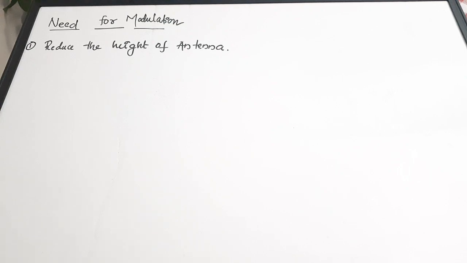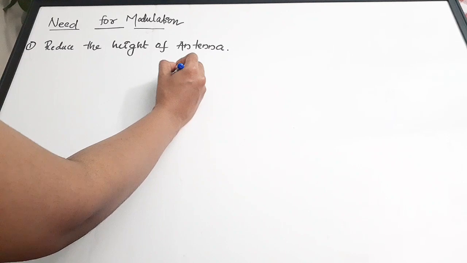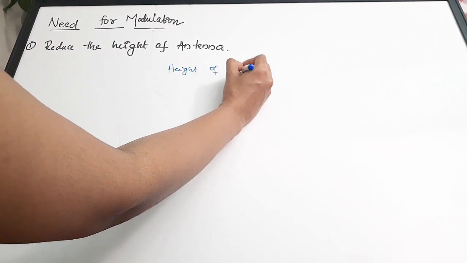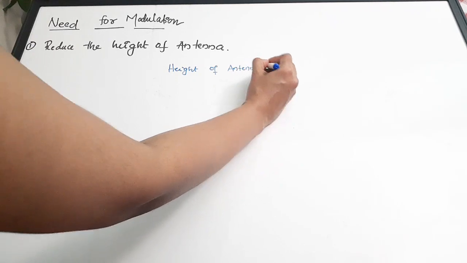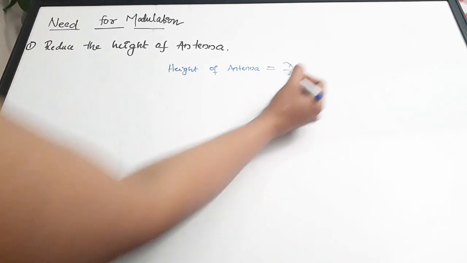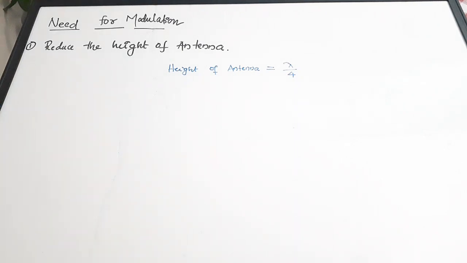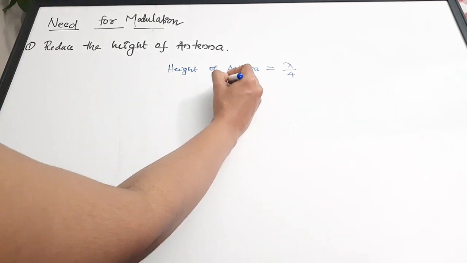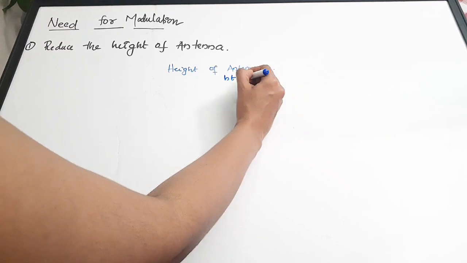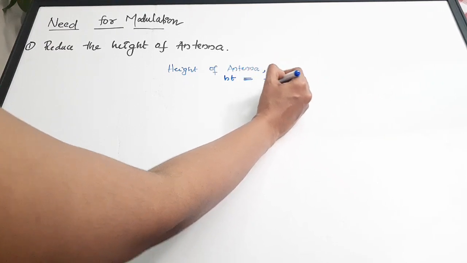The height of the antenna is equal to lambda by 4. If lambda is the wavelength we are using and the height of the antenna is ht, then ht is equal to lambda by 4.